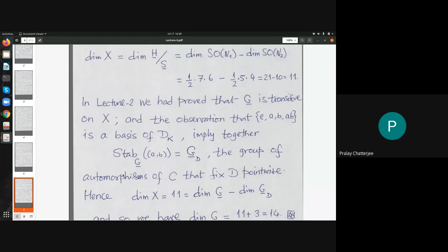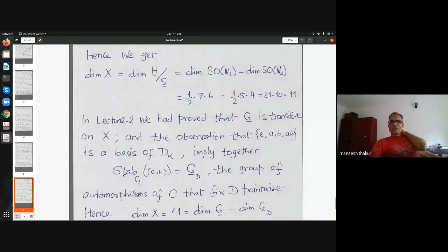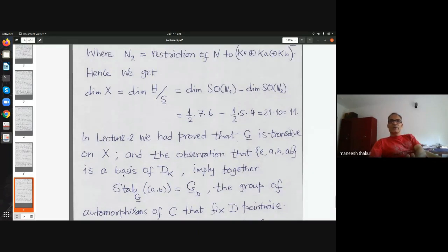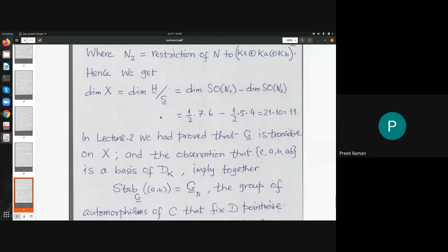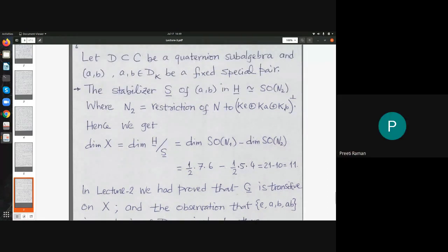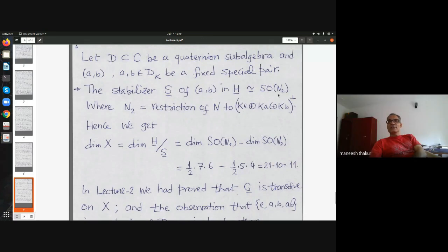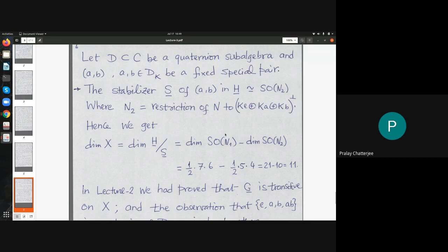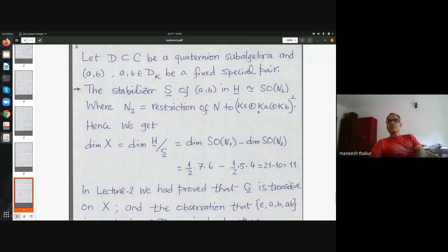Pralay, I am not using any theorem here. One theorem you use is that if you look at SO(N-2), you can extend it to SO(N-1) by fixing these three elements. But isometries need not preserve the algebra structure. I am not talking of algebra structure here, Pralay. This is just a quadratic form computation.